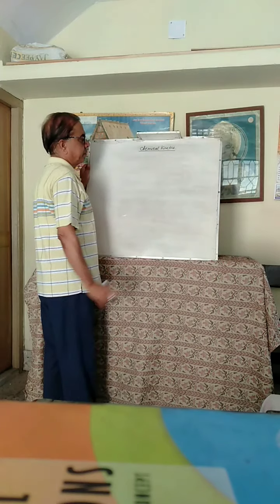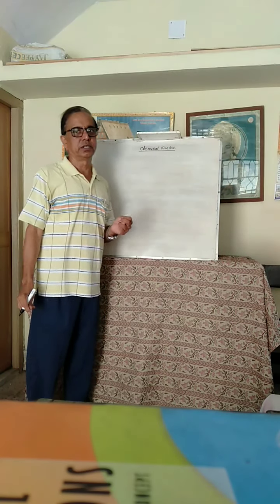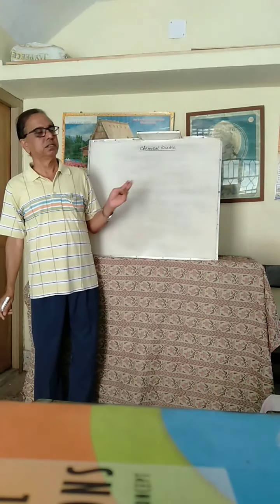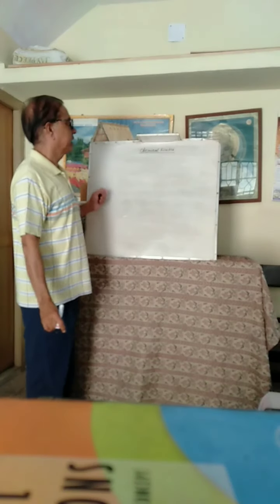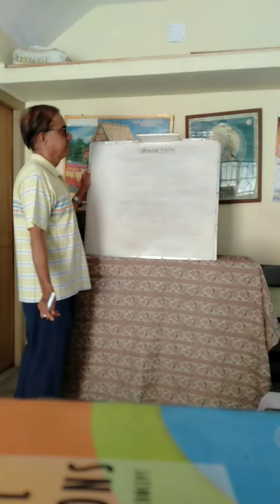As you know, chemical kinetics is a branch of chemistry which deals with the rate of reaction and the mechanism by which the reaction proceeds. This is the definition of chemical kinetics.